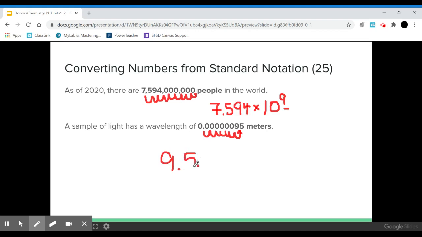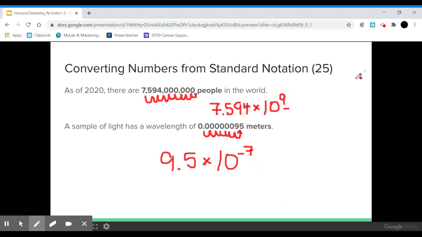So 9.5 times 10 to the negative 7th. The one thing to keep note of is that very tiny numbers give you negative exponents for scientific notation. Very large numbers are positive exponents.